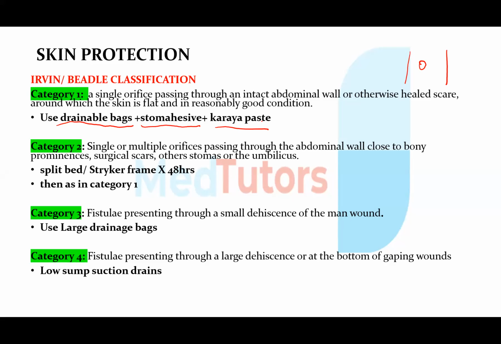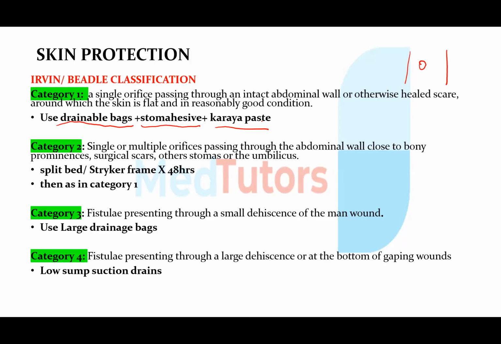Application of your ileostomy or colostomy bag will be challenging because there is a scar, there is a bony prominence. It's not coming through healthy skin. So you need a split or Stryker frame bed, a hospital bed, in the first 48 hours. With these beds, you can adequately position the patient, tilt the patient in such a way that this effluent can be collected.